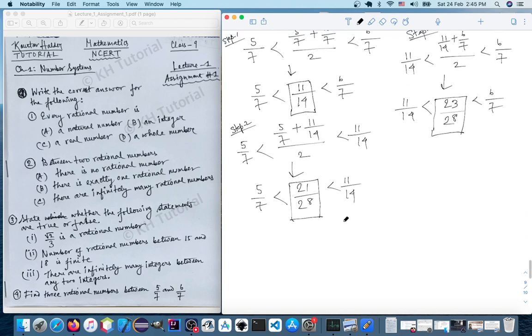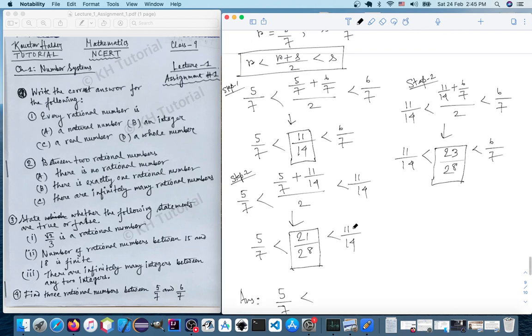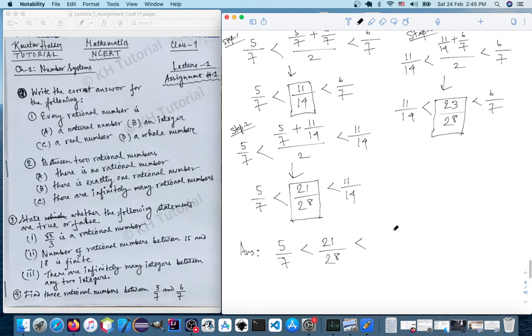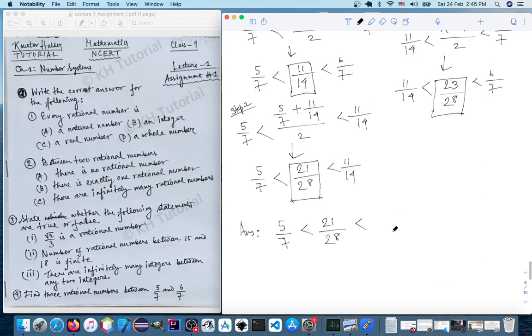So the answer is 5 by 7 less than 21 by 28, less than 11 by 14, less than 23 by 28, less than 6 by 7.